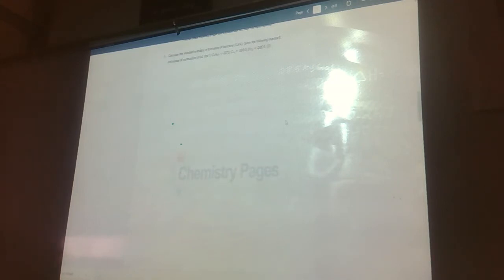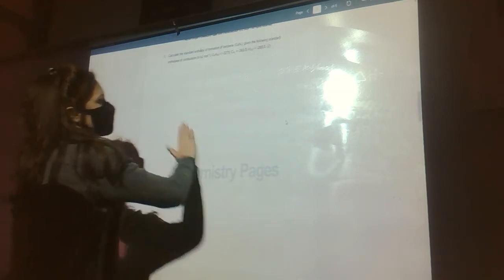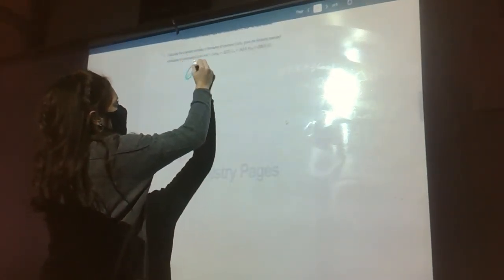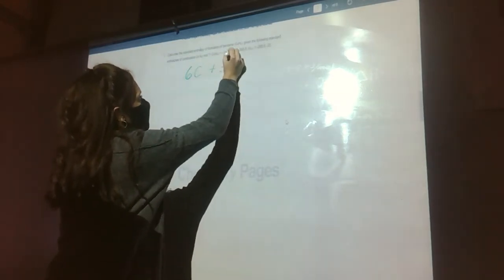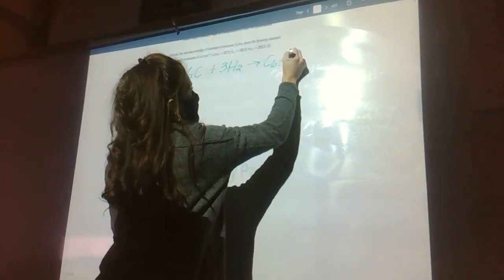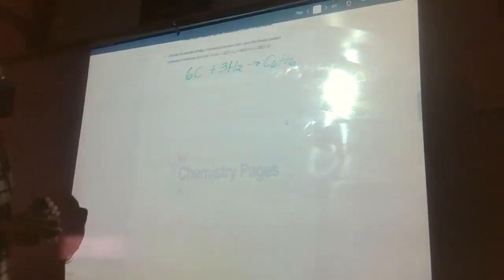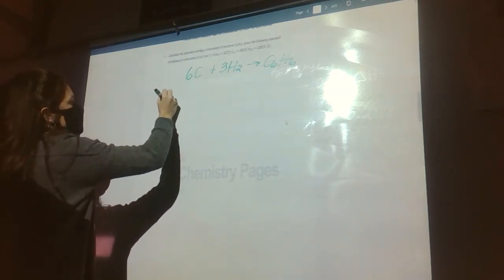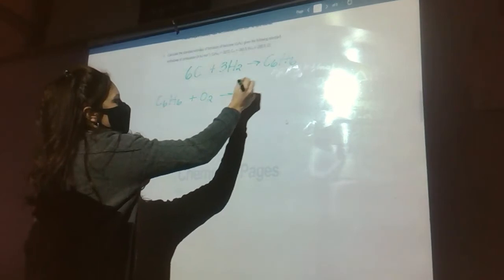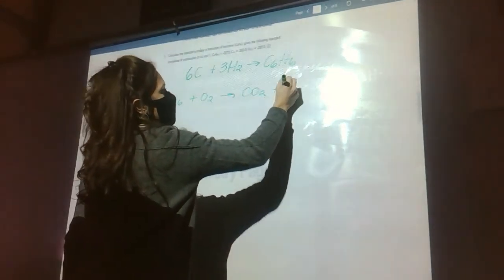Calculate the standard enthalpy of formation of benzene. So benzene, we're trying to find the enthalpy of formation, which would be 6 C's plus 3 H2's makes benzene. That's our goal, given the standard enthalpies of combustion. So C6H6 plus O2 makes CO2 and water.